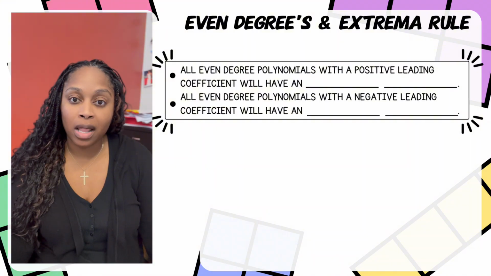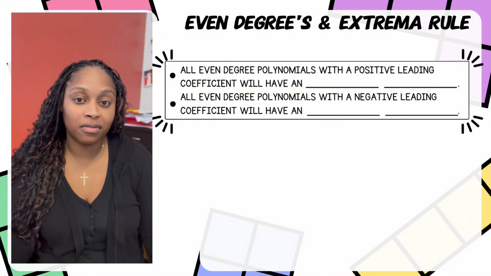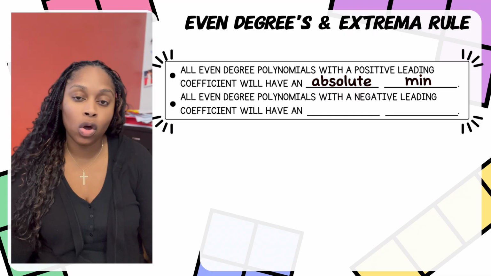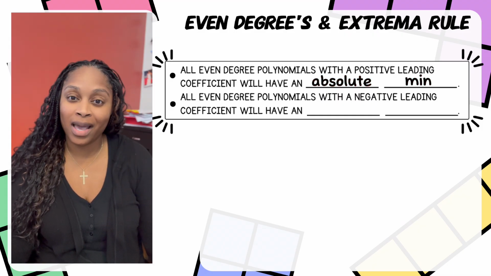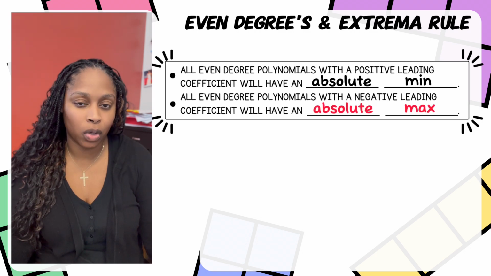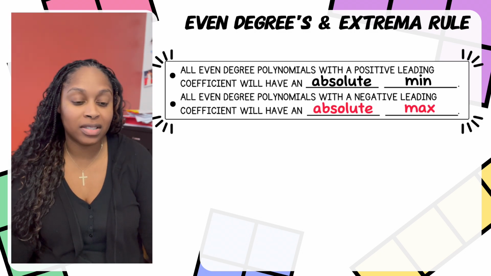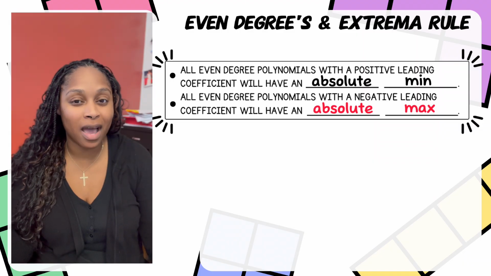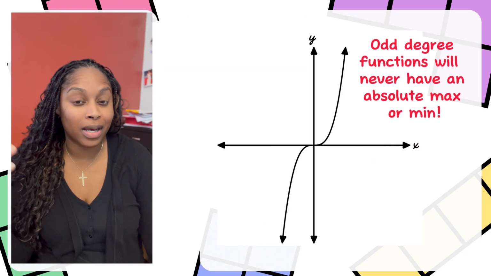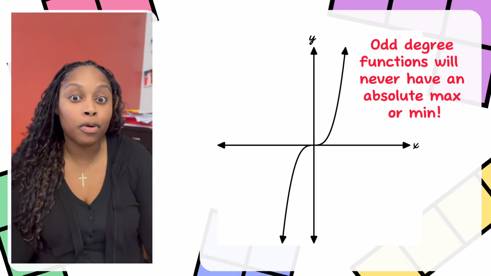All even degree polynomials with a positive leading coefficient will have an absolute min. And then all even degree polynomials with a negative leading coefficient will have an absolute max. And just FYI, this is not going to be true for polynomials that have odd degrees because we're never going to have an absolute max or a min because the graph always goes on in both directions.